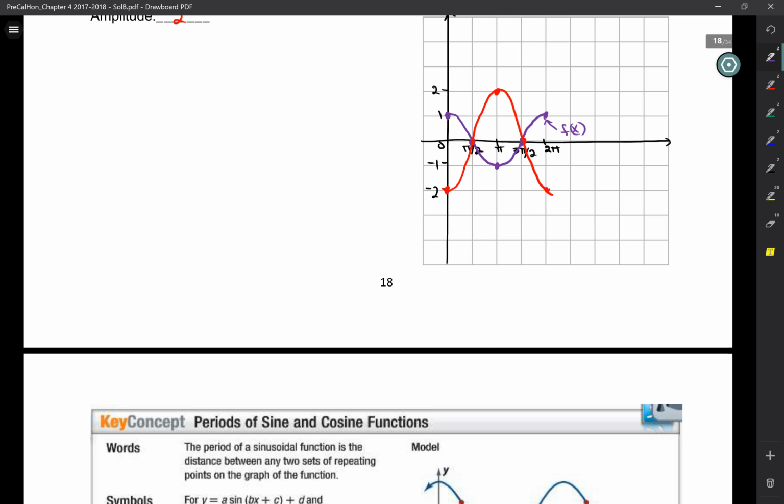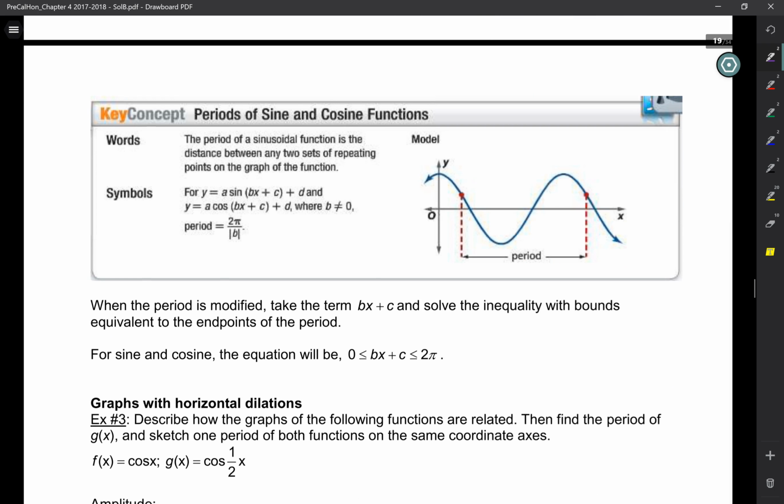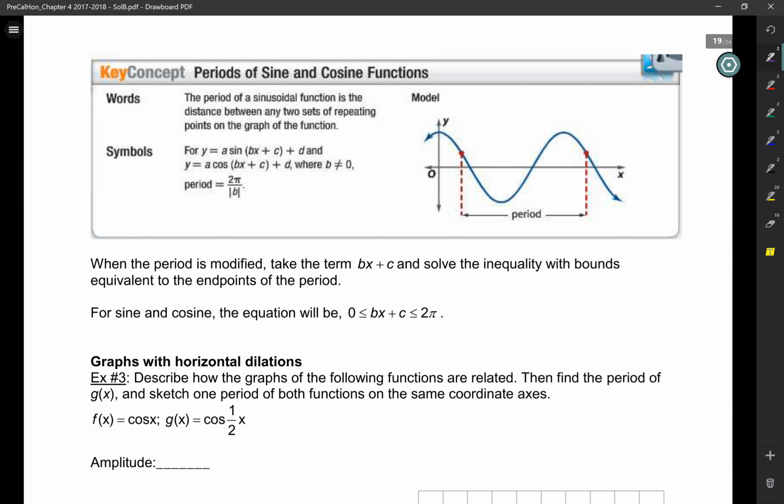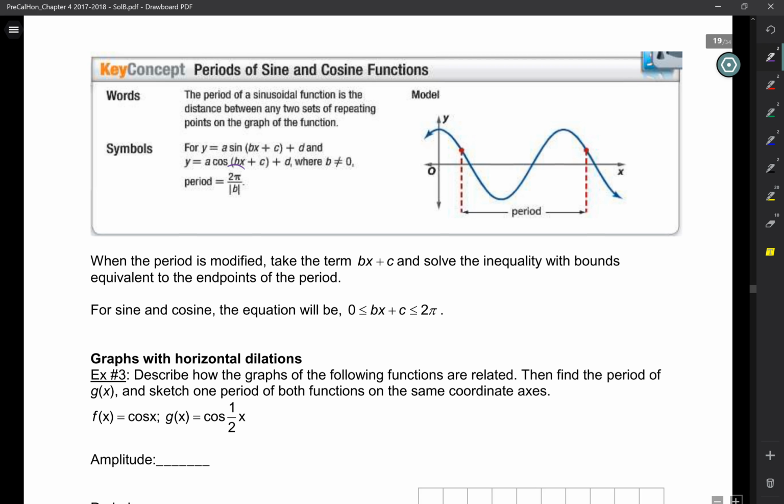And just with that, a gamma ray can kill you, but a radio wave is totally fine. So how do we figure out the period of a function? Well, it's 2 pi over the absolute value of b. That's how we get the period.